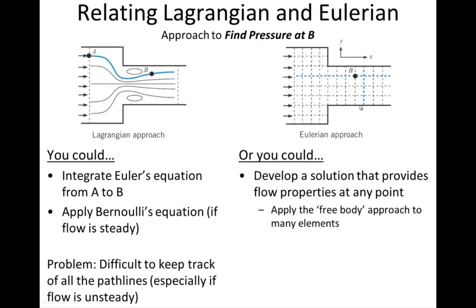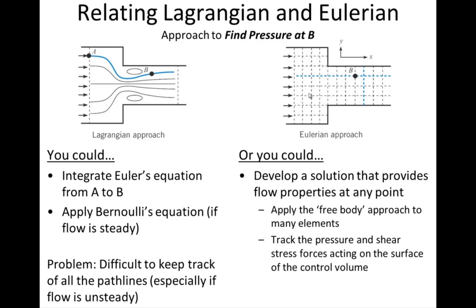It's just as you go through the mesh, the properties change. And so the Reynolds transport theorem is a way for us to keep track of how the properties associated with mass flow through that grid. You can apply the free body approach to elements, considering the forces on the side of elements, or the differential pressure, and looking at how for a single element a change in velocity may give you a change in pressure.